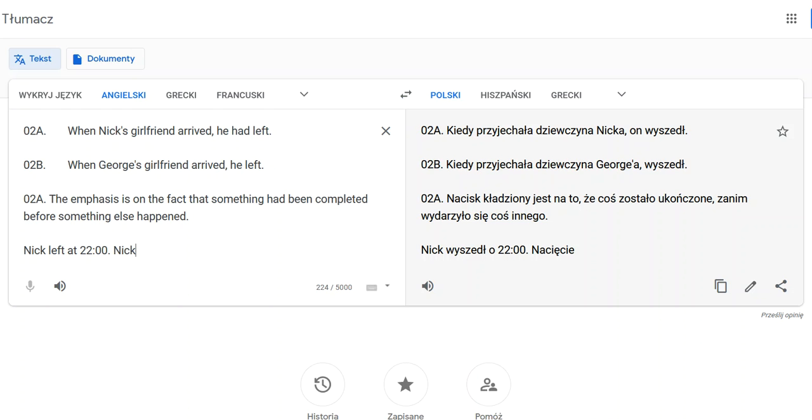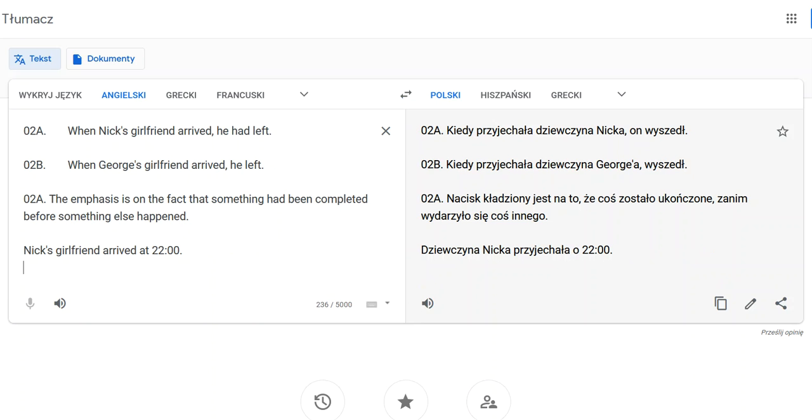Nick's girlfriend arrived at 22 hours, and Nick left at 21:55 hours.